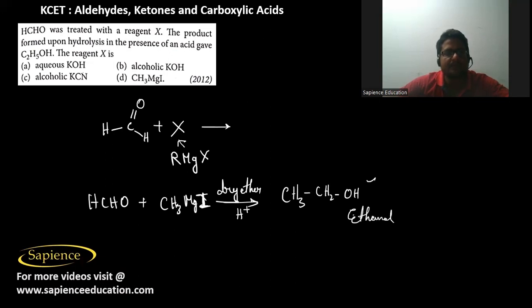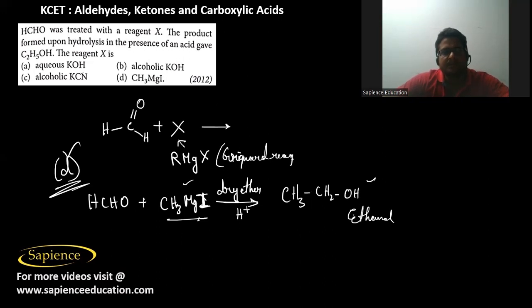So the reagent X should be CH3MgI. So option D is the correct answer, which is obviously a Grignard reagent. Why? Because a Grignard reagent on reaction with formaldehyde will give primary alcohols.